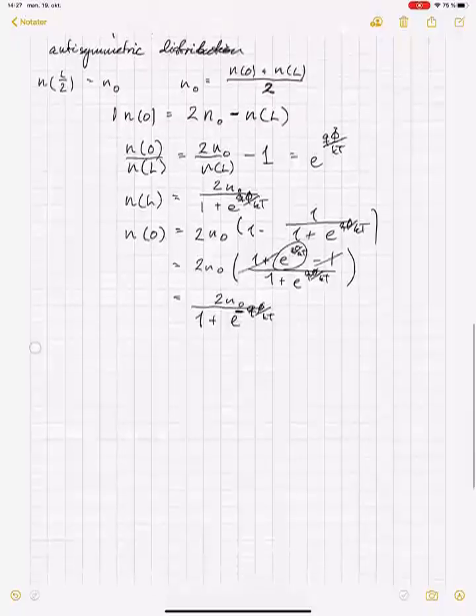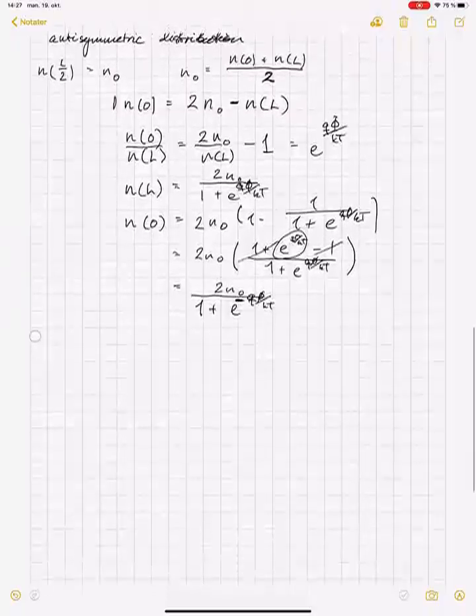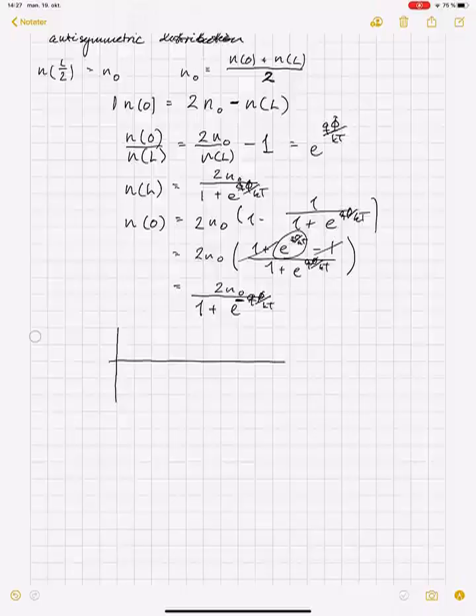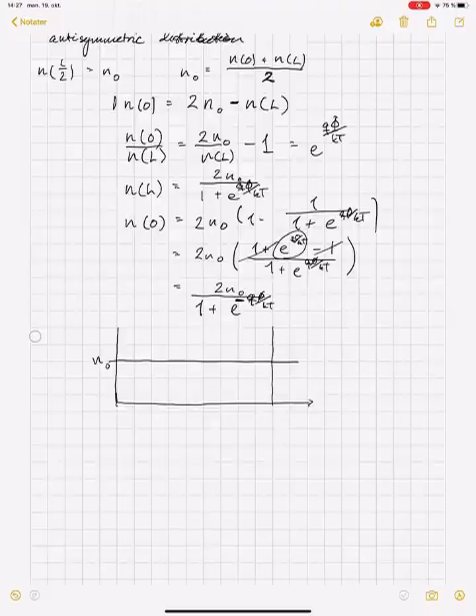So now we see the distribution around n0 from 0 to L in the x direction.